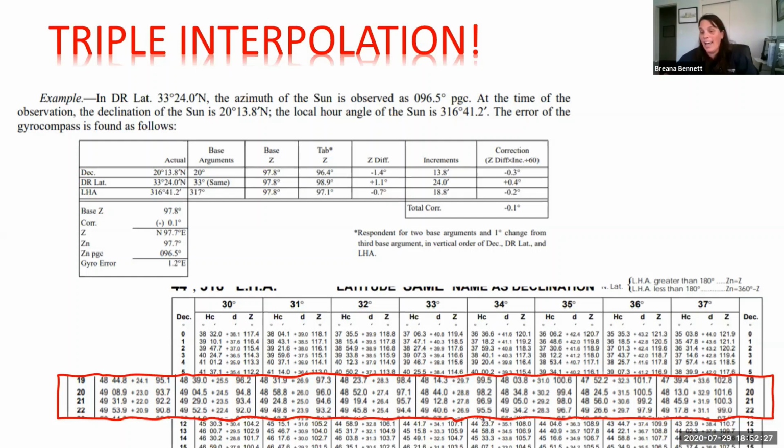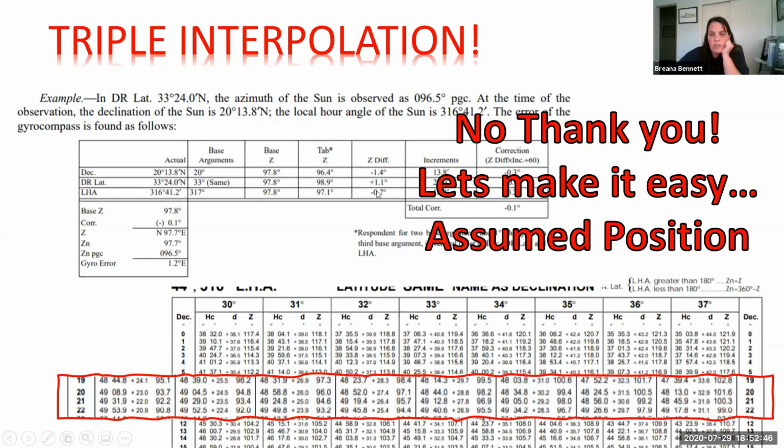If you are doing an azimuth, which we are not going to get to in this class, of checking your compass error, this is the table and the formula for doing an azimuth. We're not going to do it in this class at least, but we are going to make our lives easier and not do triple interpolation, we're just going to do it once, and that's if we use an assumed position.